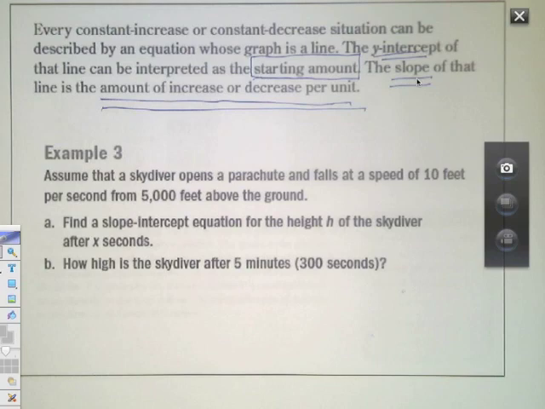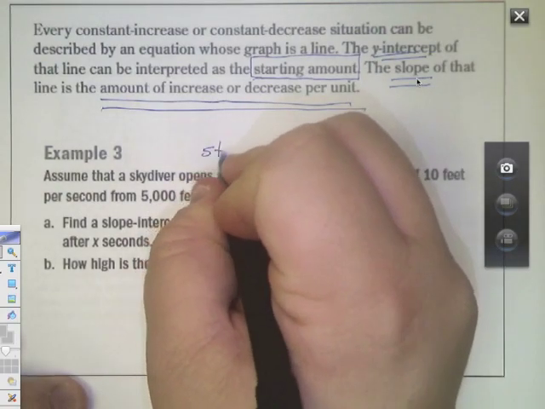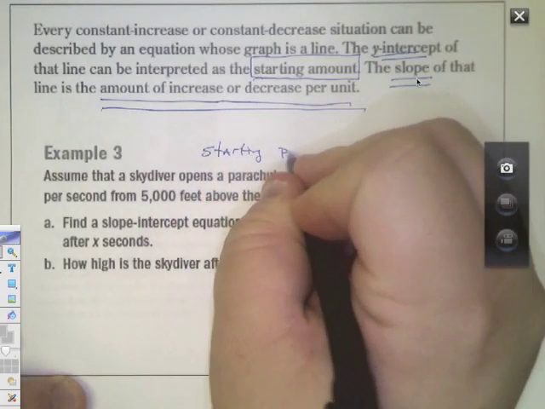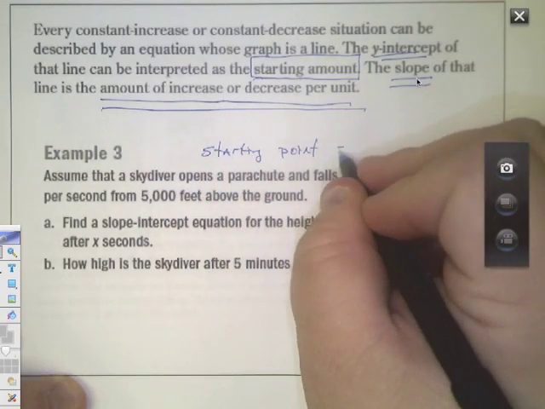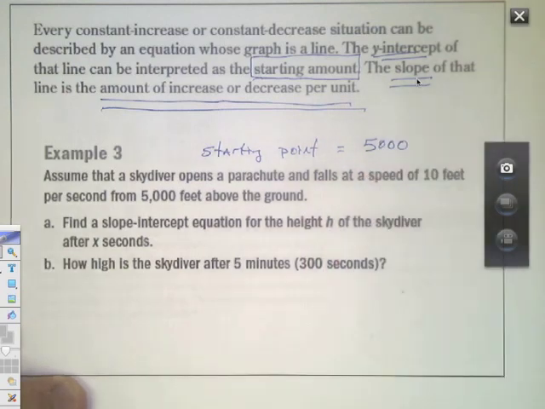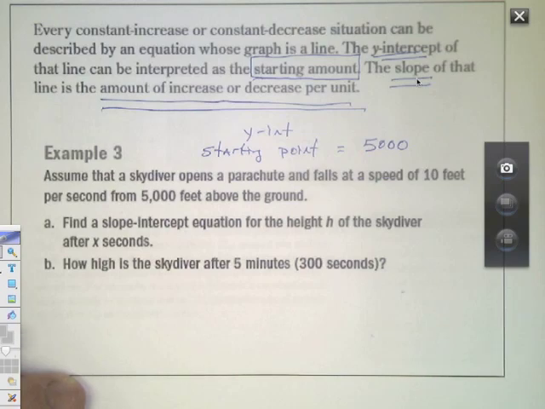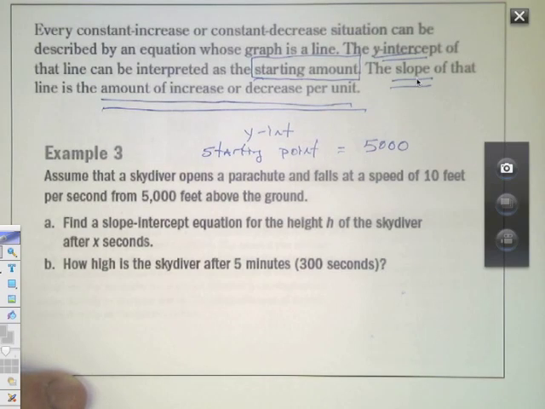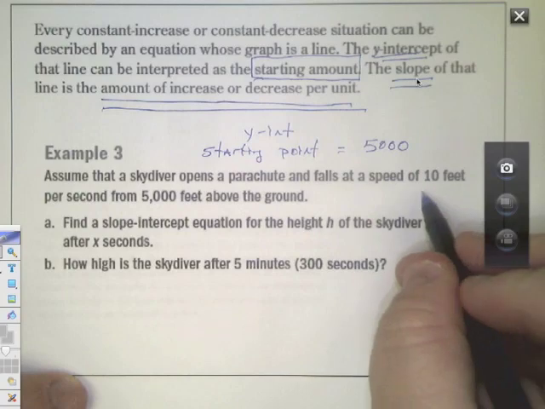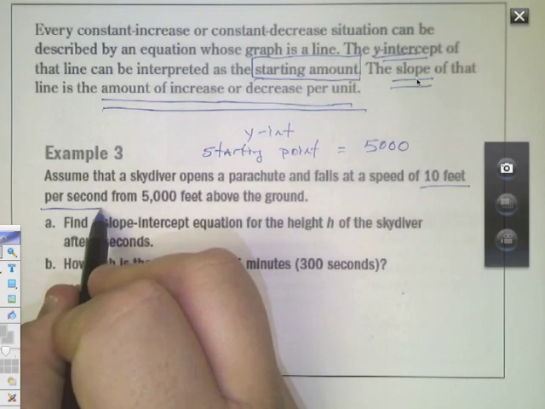Assume that a skydiver opens a parachute and falls at a speed of 10 feet per second from 5,000 feet above ground. Where's our starting point? Our starting point is 5,000 feet above ground, which then is my y-intercept.